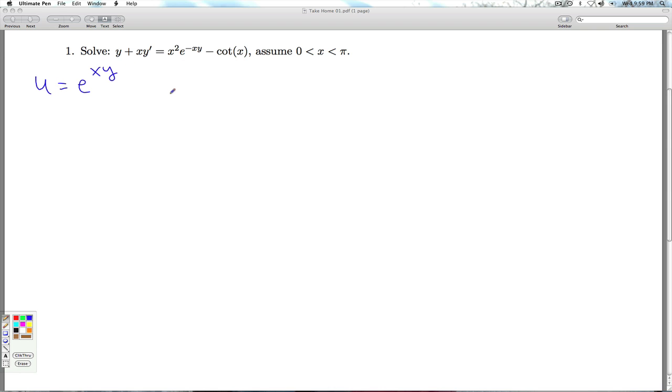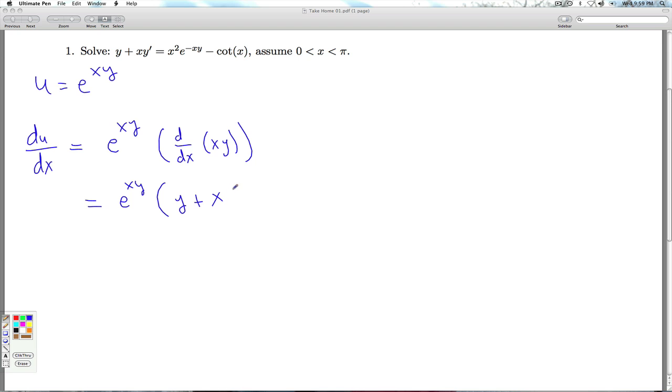Now what I need to do is figure out what's du dx in terms of dy dx and the things I already have. So if I look at du dx, it's going to be e to the xy times the derivative with respect to x of xy. So it's e to the xy times y plus x times dy dx.